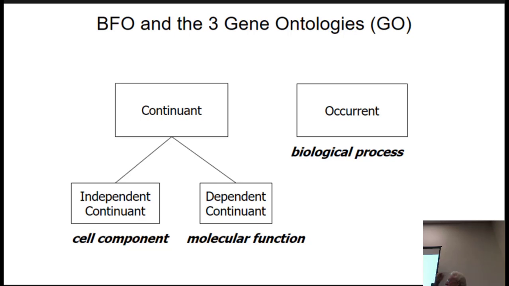There are things which continue through time, such as people and planets. There are things which continue through time which depend upon people and planets, like functions, capabilities, attributes of various sorts. And then there are processes, which we call occurrents. So this is the basic picture.